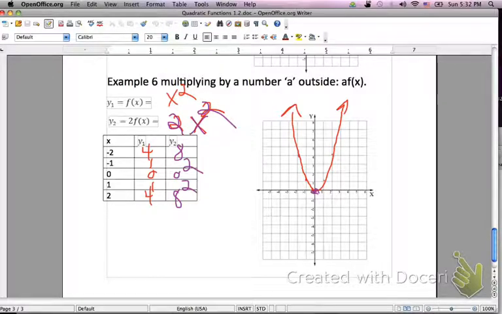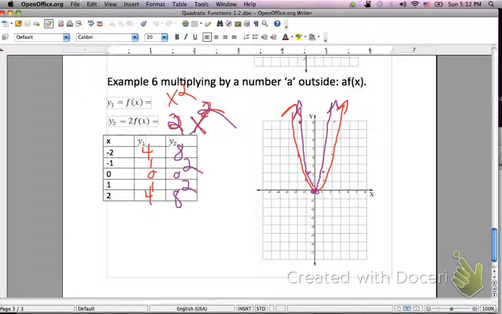And at negative 2, we're actually going to have 8. At negative 1, we have 2. At 1 we have 2, and at 2 we have 8. Little off there. It's kind of hard to draw with this stylus. Okay, so it looks really similar to what we got in example 5.